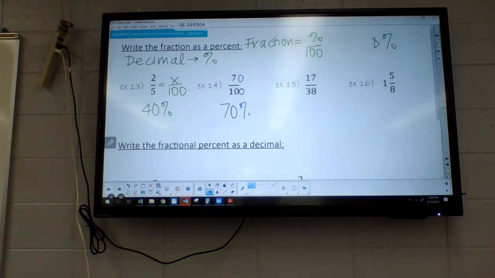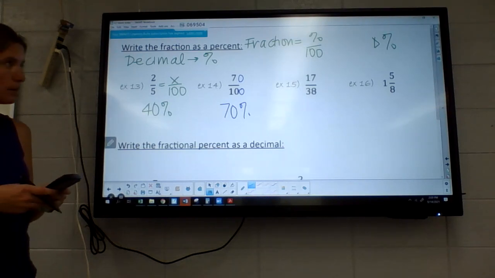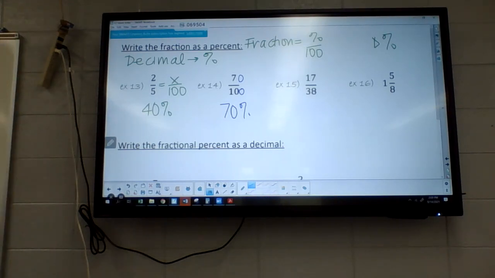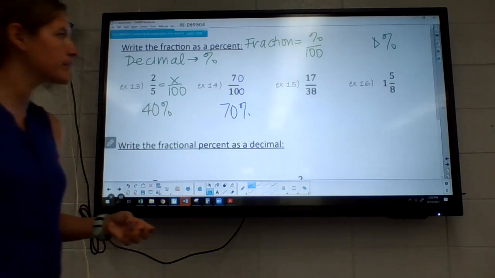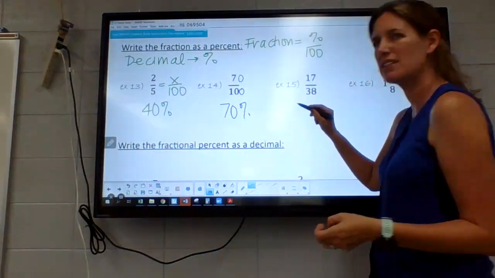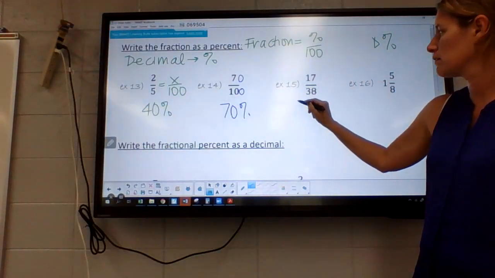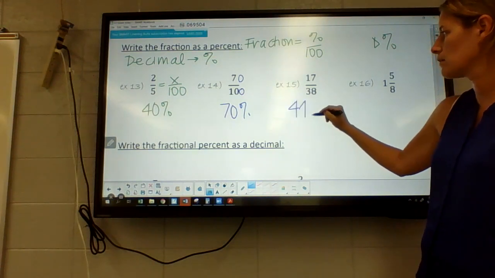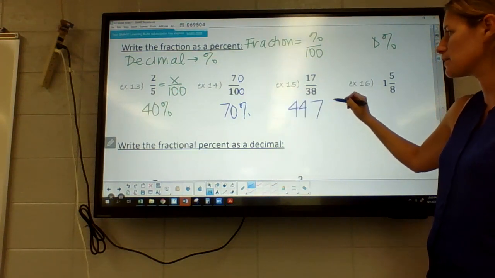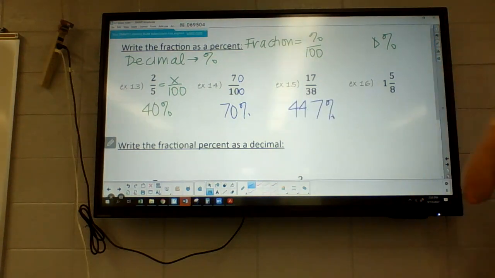I believe it's like 44.7. Is that what you got for this one? 44.74, so rounded to the tenths place it'd be 44.7, because the 4 tells me to just get rid of that.